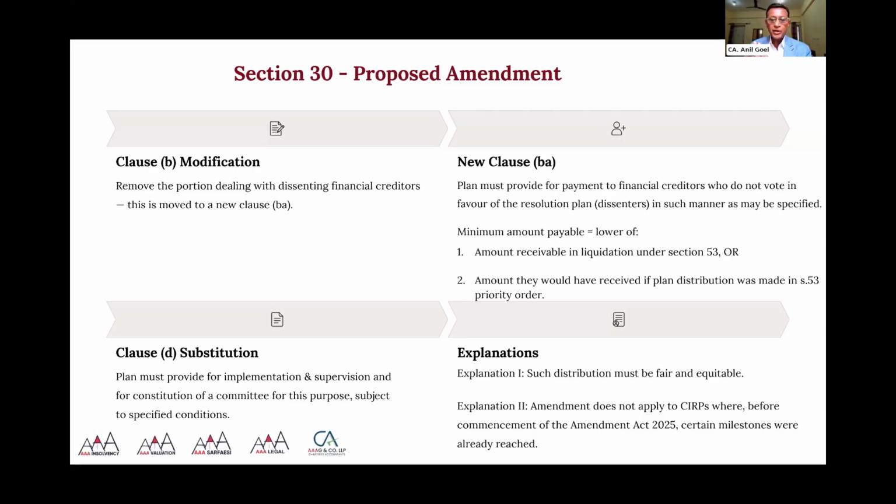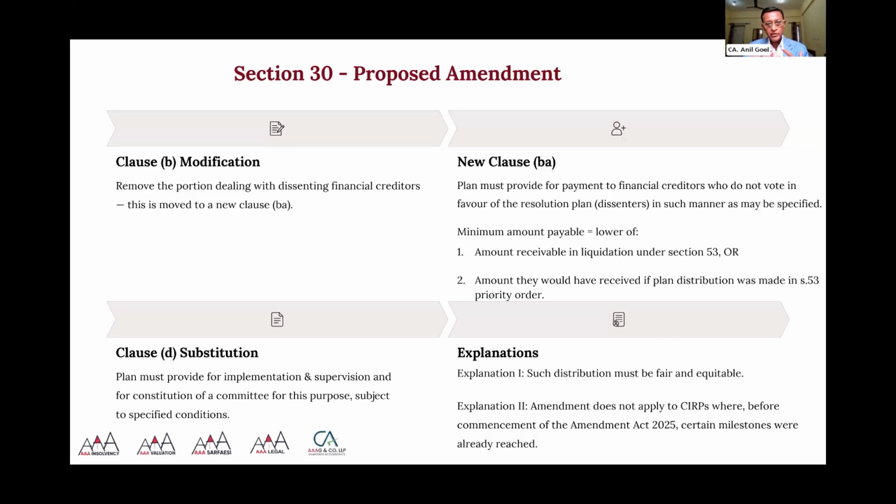In case the resolution plan allocation gives him 100, however, in case the company goes into liquidation he will get only 75, so in case he dissents, he will get only 75 and not 100. Presently there is a dispute that in case the resolution plan offers more, he is entitled to more. Therefore, this clarification again becomes a disincentive for a dissenting creditor.